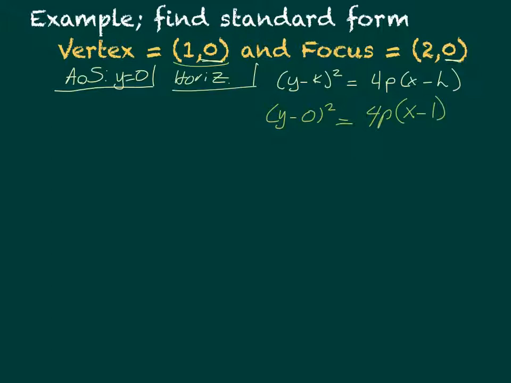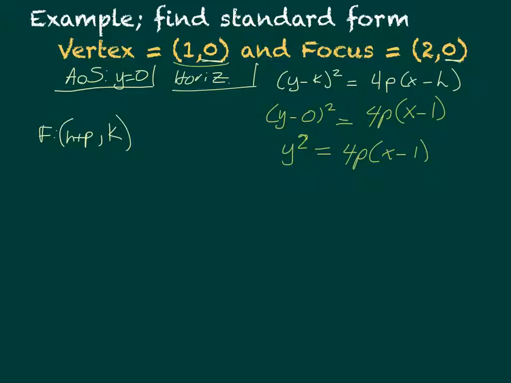Now all I need to do is find p, because if I simplify that, y squared equals 4p times x minus 1. Well, p has something to do with the focus. The focus is h plus p, k, so I just put in what I know.